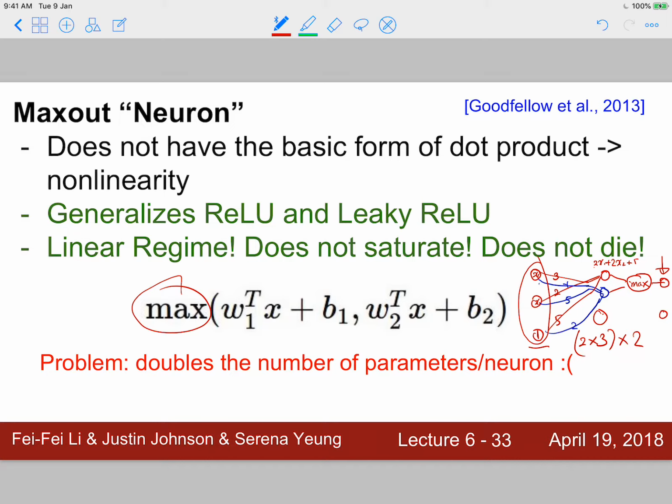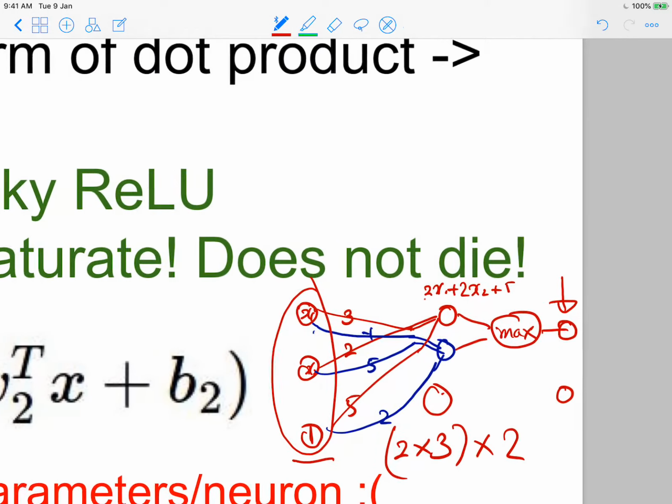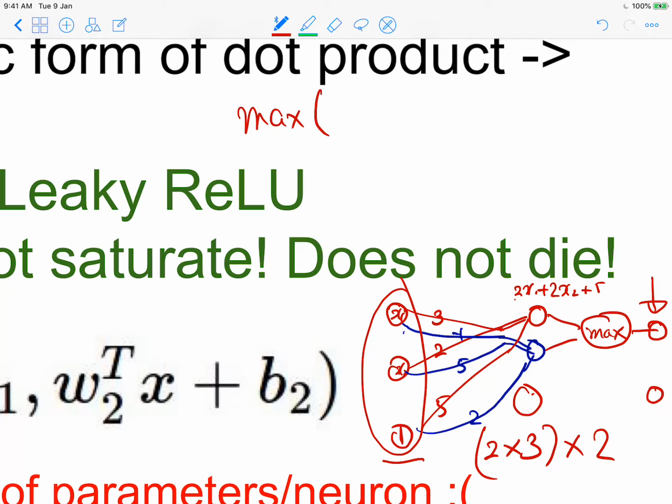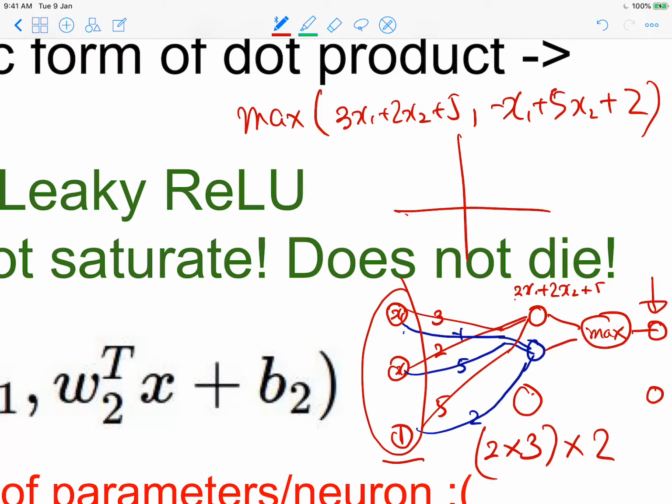Okay, and also let's think of their geometric meaning. So the geometric meaning of this is as follows. If our function is the max of 3x1 plus 2x2 plus 5 and negative x1 plus 5x2 plus 2, what is the resulting graph? Let me just remove one variable at this moment to simplify.